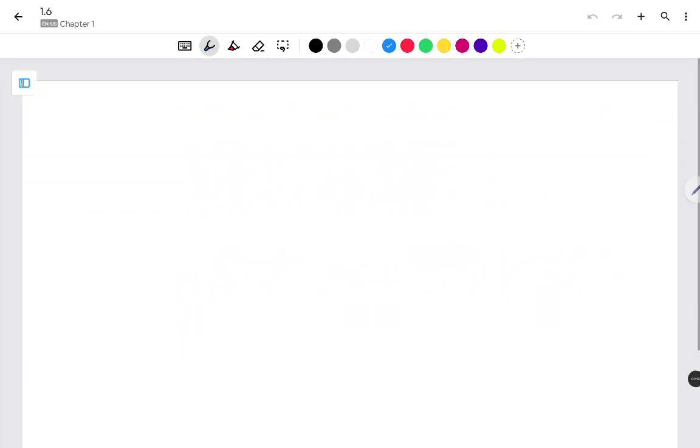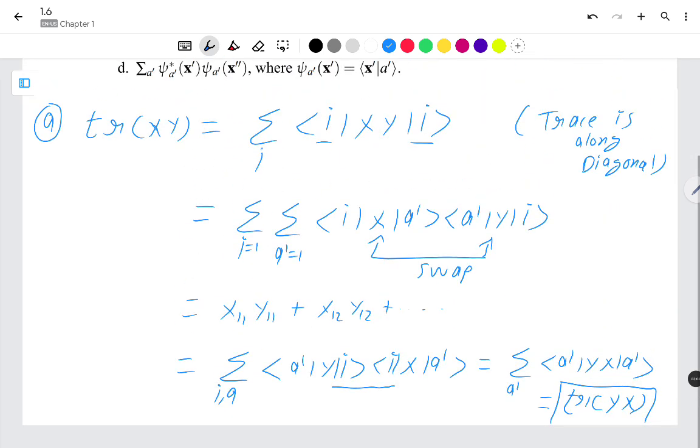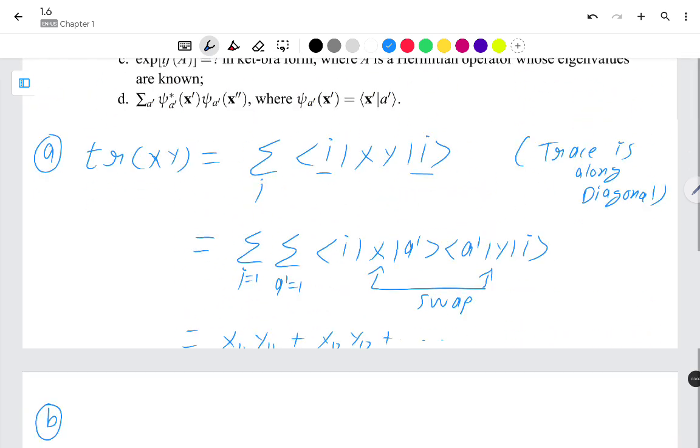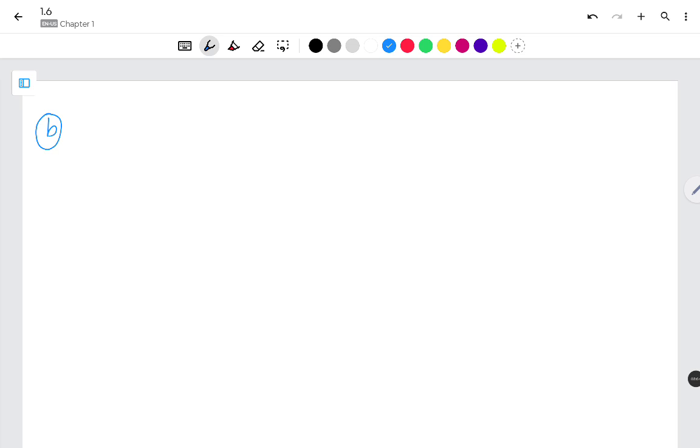Now the second part. Again I'm just going to write xy. Now this is just some matrix, so say i and j both.